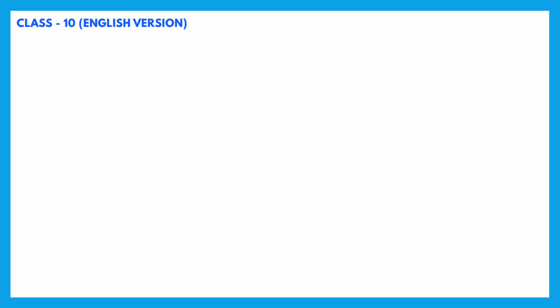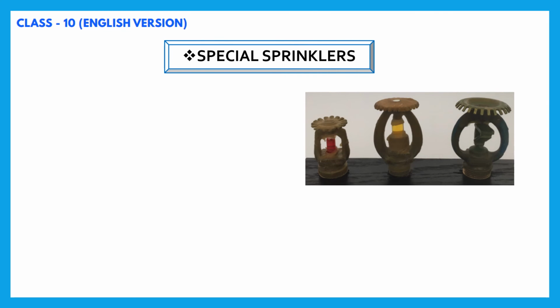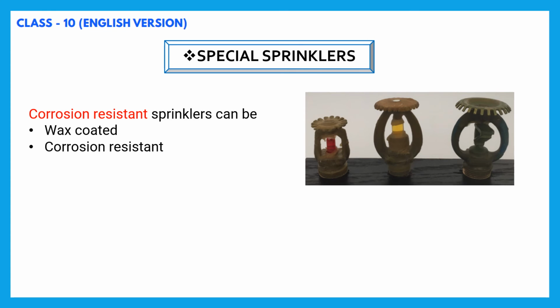Let's go through special sprinklers quickly. We have corrosion resistant sprinklers that can be of wax coated type, corrosion resistant type, or special corrosion protection sprinkler type. These are all various special sprinklers.